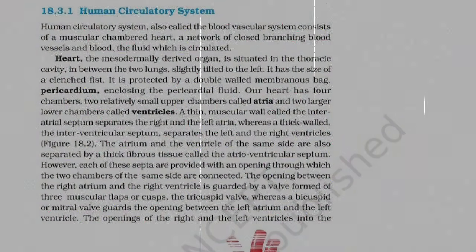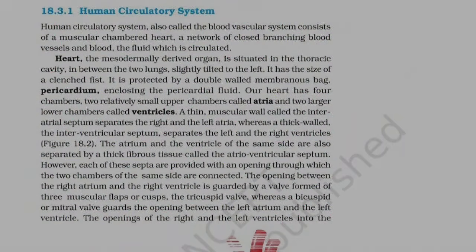The opening between the right atrium and the right ventricle is guarded by a valve formed of 3 muscular flaps or cusps, the tricuspid valve, whereas a bicuspid or mitral valve guards the opening between the left atrium and the left ventricle.